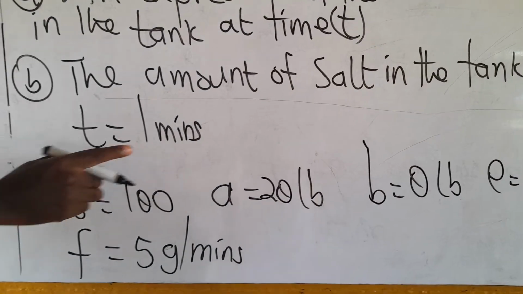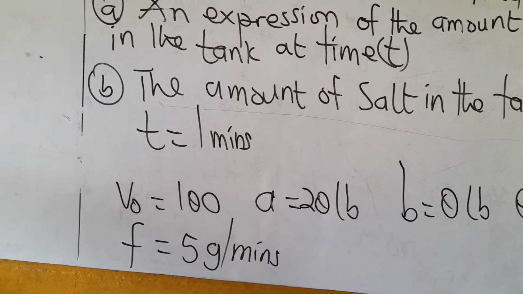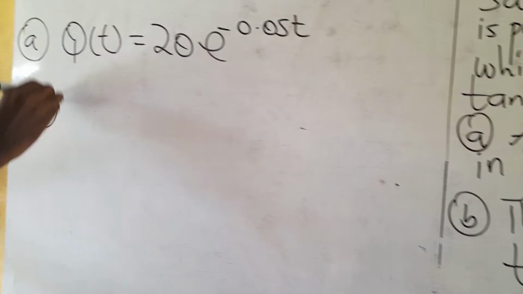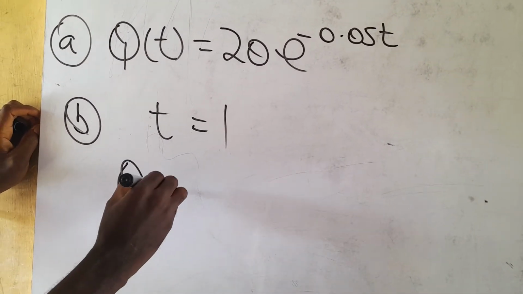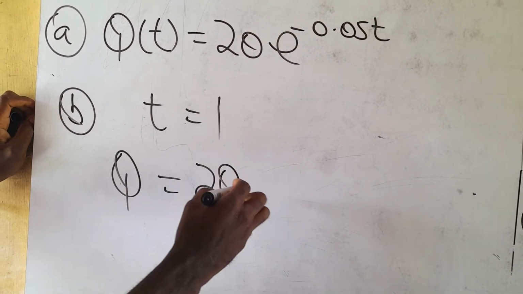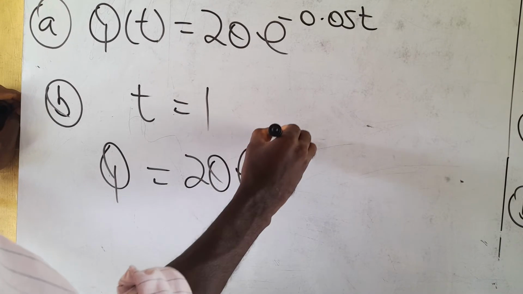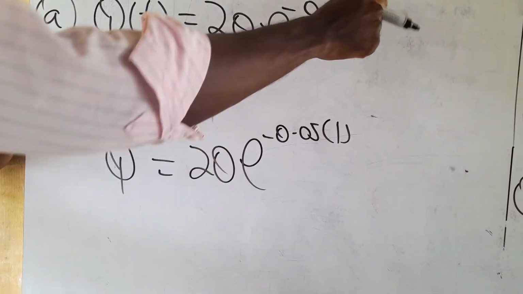So the second aspect of the question says that we should find the amount of salt in the tank at time equal to 1 minute. So we substitute when t is equal to 1 minute, then we find Q. So our Q of 1 will be equal to 20 e exponent negative 0.05 times 1. In place of t, I'll put 1.